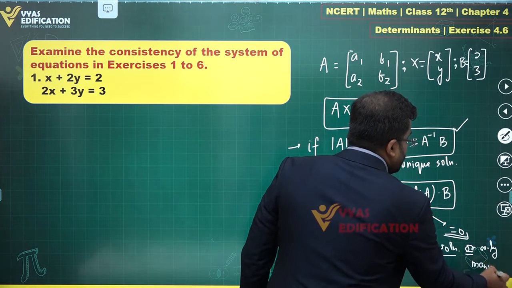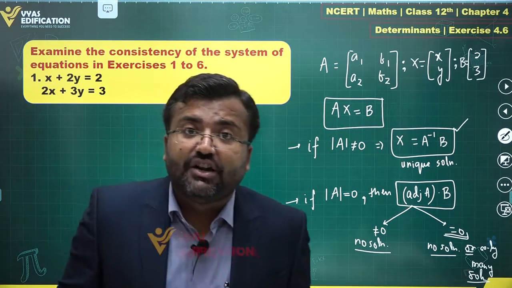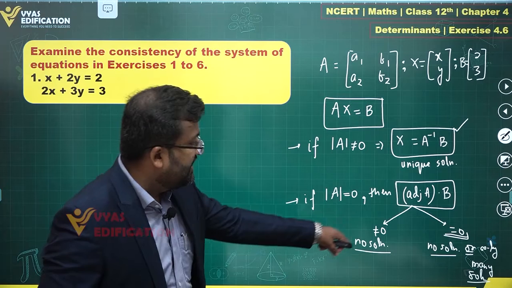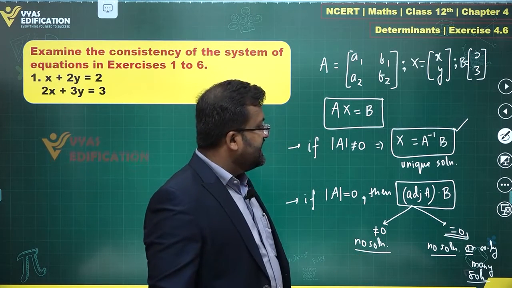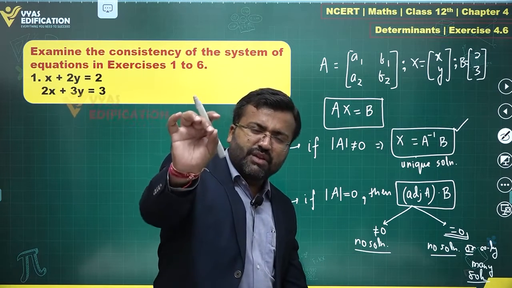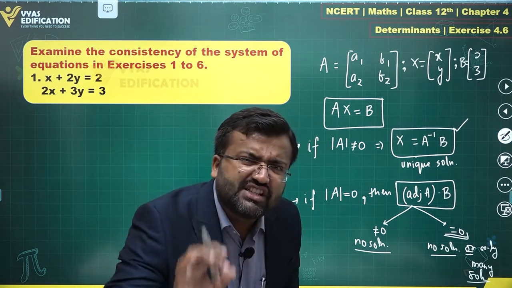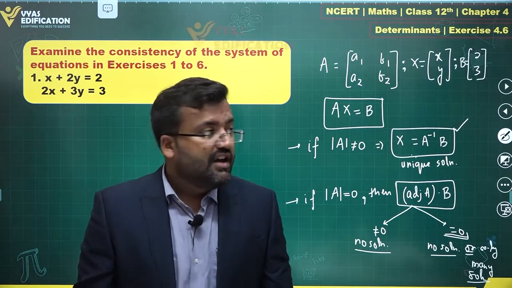That is, many values of x, y and z will satisfy the system of equations if that is the case. No value of x, y, z will satisfy if this is the case, and a unique value, some particular x, some particular y and some particular z will satisfy for this particular case over here.